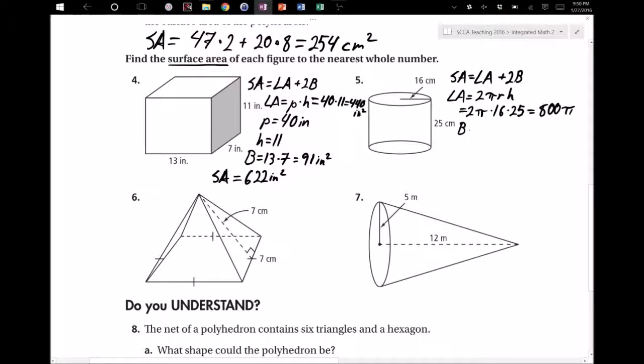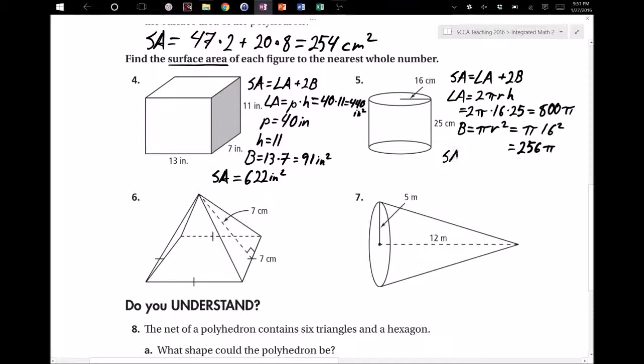And then the area of the base is pi r squared. So pi r squared. And r is our 16. So we get pi times 16 squared, and 16 squared ends up being 256. Then there's our pi.